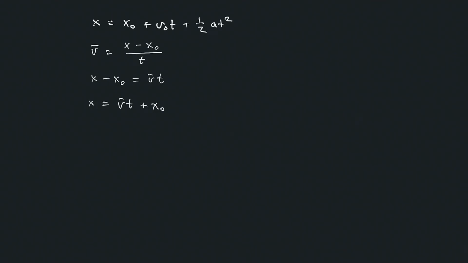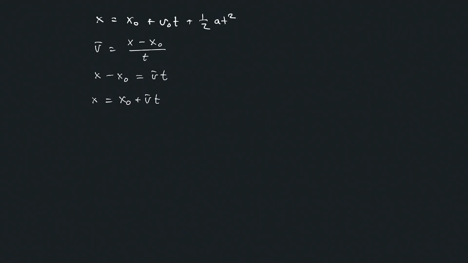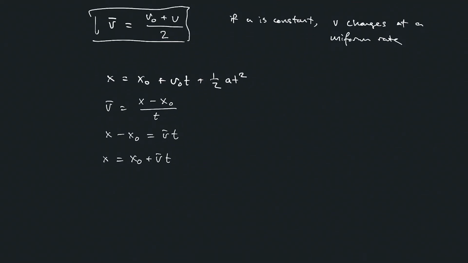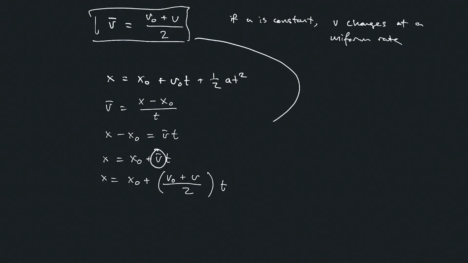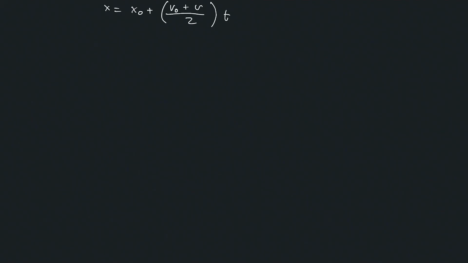Now remember our second kinematic equation wrote average velocity as the average of initial and final velocity. We're going to use that substitution here, and we're going to get that final position is equal to initial position plus, in parentheses, the average of initial and final velocities times time. And then we're going to manipulate further by distributing time to the numerator here.